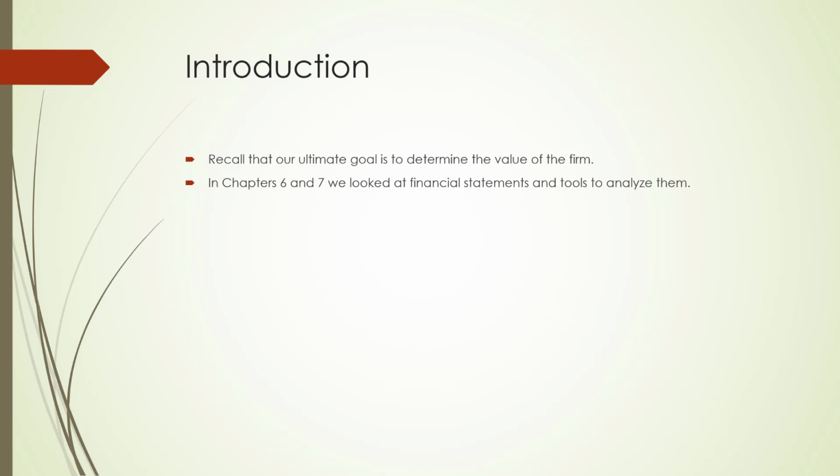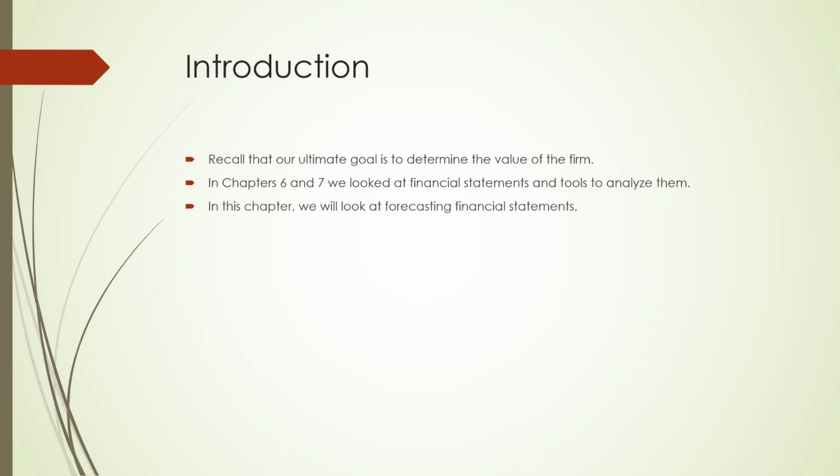And we'll use those things in this chapter as well. And in Chapter 7, we looked at the financial ratios, and of course we're going to use those as well because we can use the financial ratios to help us to improve our financial statements and figure out what we need to do in the future.